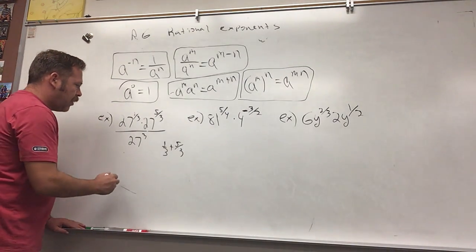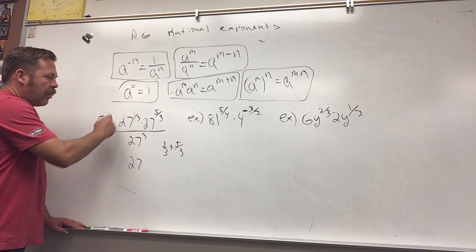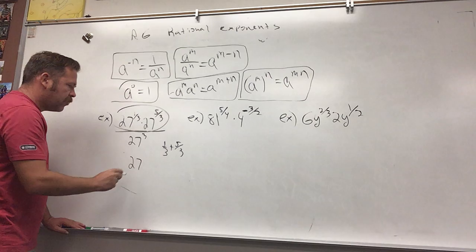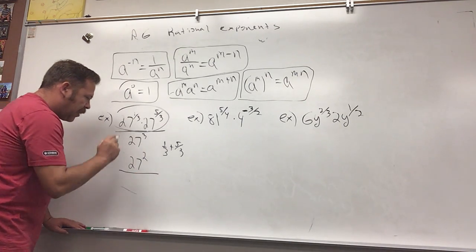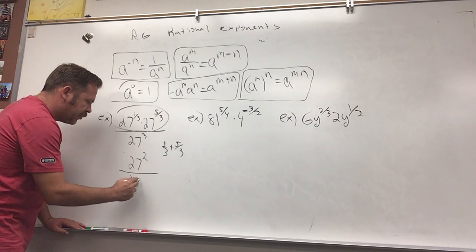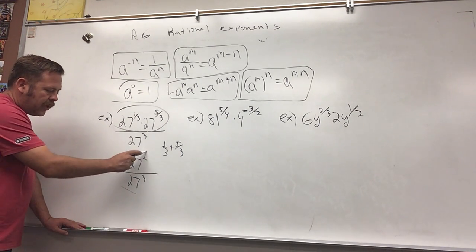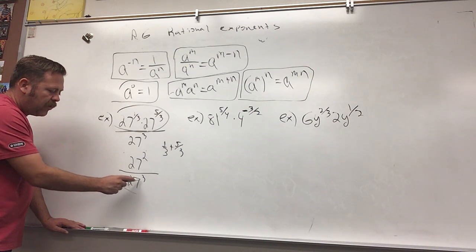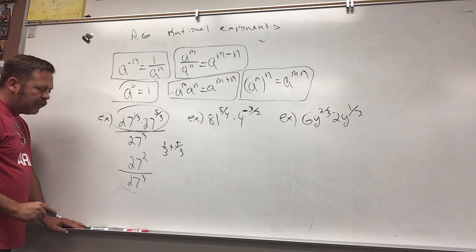So let's see. All this top here simplifies to 27 to the second power. And then on the bottom, I have 27 to the 3rd power. Now, I have 27 squared on top, 27 cubed on the bottom. Are we having more 27s being multiplied on the top or on the bottom?